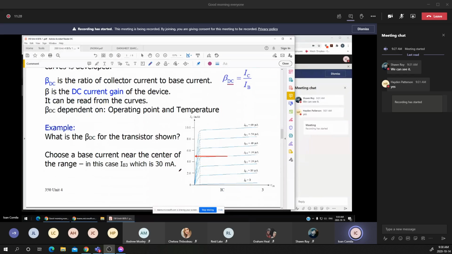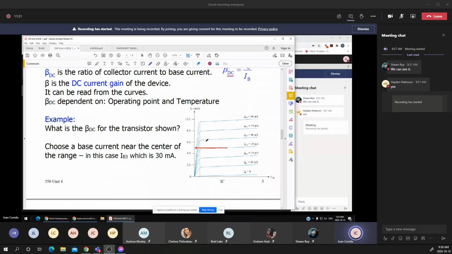Now, here's an example. Suppose that the characteristic curves or the specs of a transistor are given, and suppose that we are trying to use the transistor for a base current of 30 microamps. From the graph, at this point, we notice that we have two coordinates, the IC and the VCE, and they make the Q point.